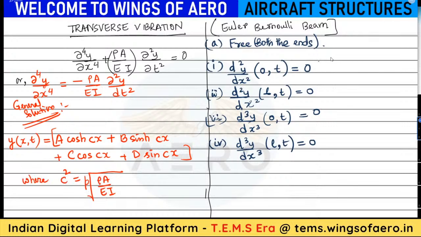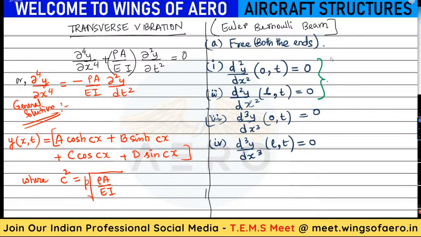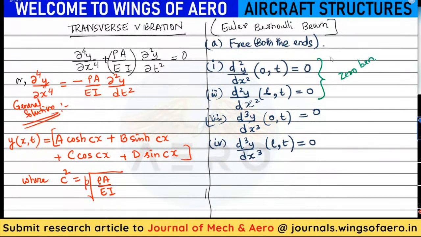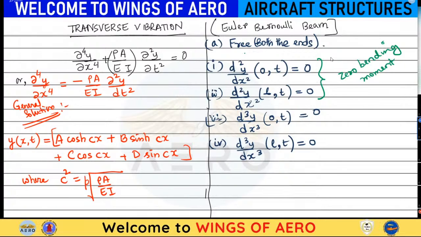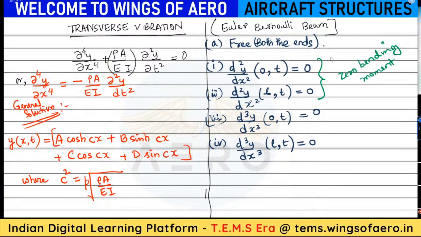Okay, and this first two refers to when we have 0 bending moment. So this is another concept when you're considering a transverse vibration of a beam, and when both the ends are free.